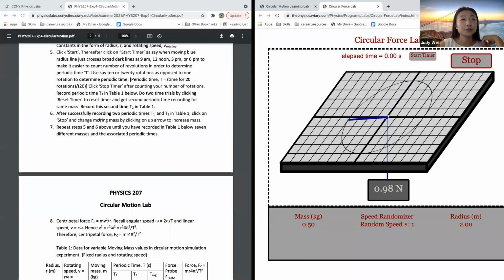After successfully recording the periodic time, stop after counting the number of rotations. So after recording T1 in table 1 below, do 2 trials by clicking reset timer to set the timer and get a second periodic time recording for the same mass.